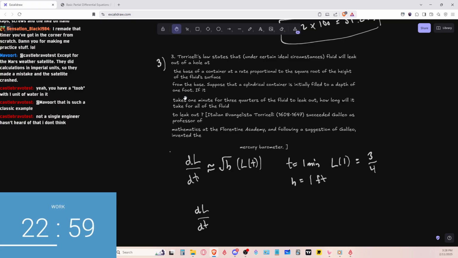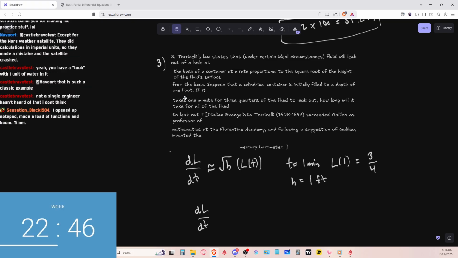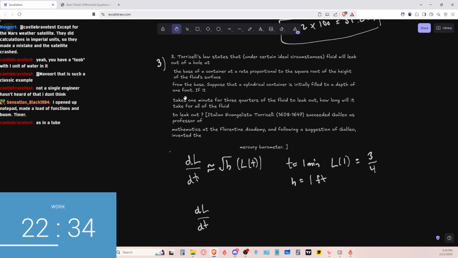Yeah, you have to, with 1 unit of water. What do you mean? Have a tube with 1 unit of water? So I'm guessing that's like how much water we have in the container.